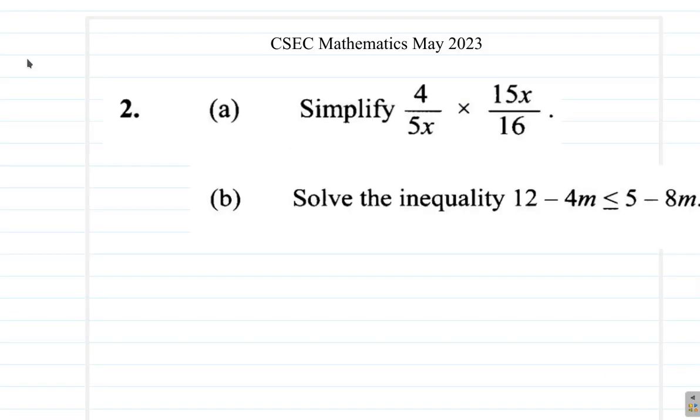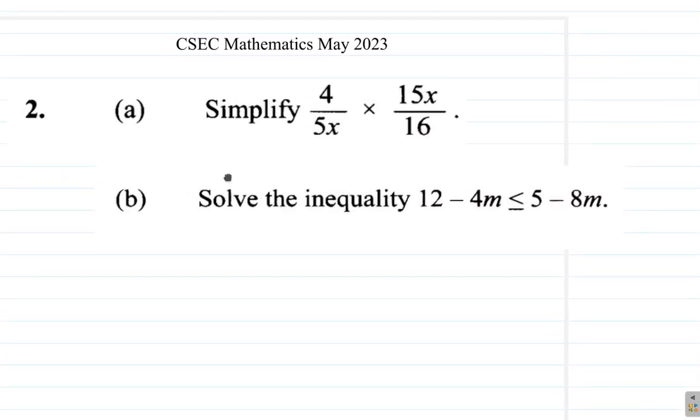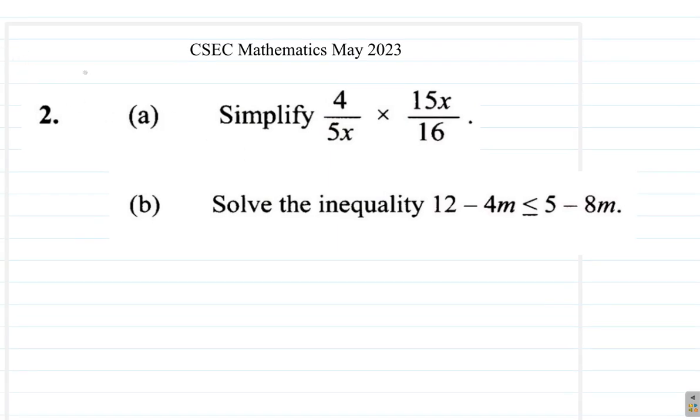Copied it over here already. Alright? So we see how this goes. Remember, as usual, I want you to pause the video and work it out. Work out both part A and B of question 2.